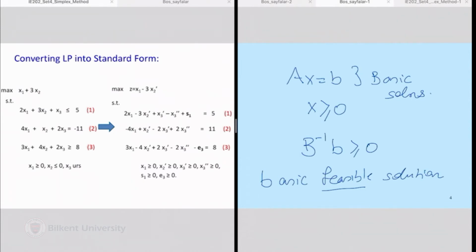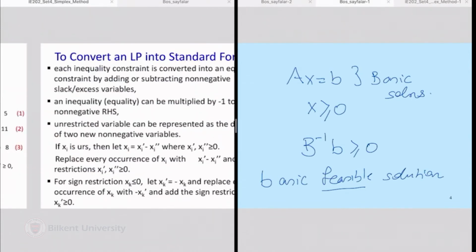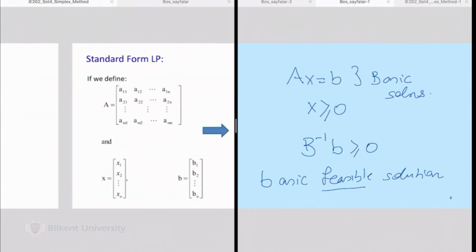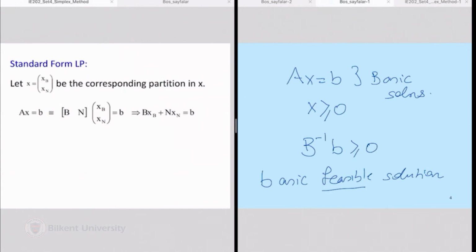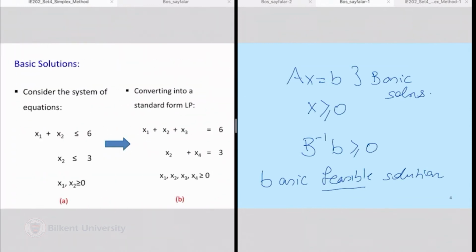Right? And if you remember, we had an example. Let me go through that example. This was a system. The left-hand side has two variables, so we had the two variable case in order to pinpoint the correspondence between corner points and basic feasible solutions.